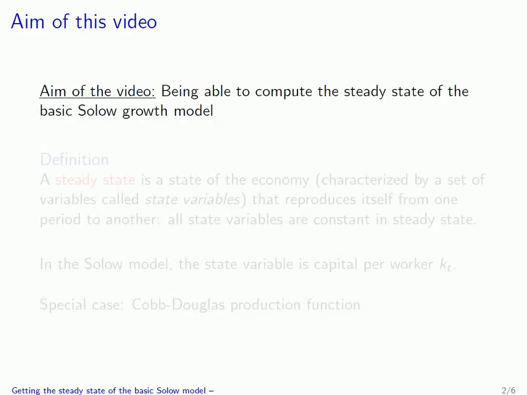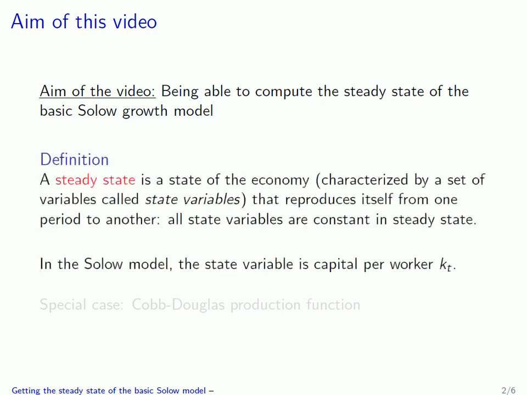So, as I said, the aim of the video is to be able to compute this steady state. We'll take the very basic Solow growth model in the case where you have a Cobb-Douglas production function. Before I show you how to compute this steady state, let me recall the definition.